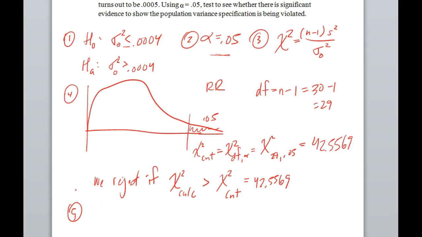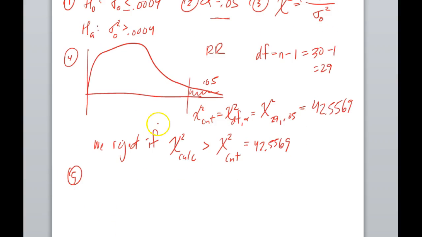So 5 is where we gather our data and we calc our test statistic. The data that we need: n, we need s squared, and we need sigma squared naught. Okay, n is 30 from the problem, that's our sample size. S squared is 0.0005, and sigma squared is 0.0004.